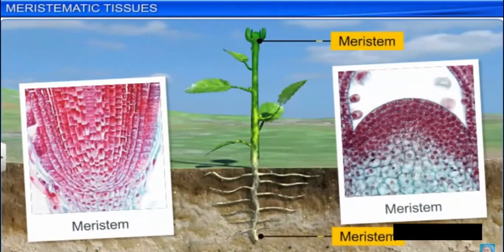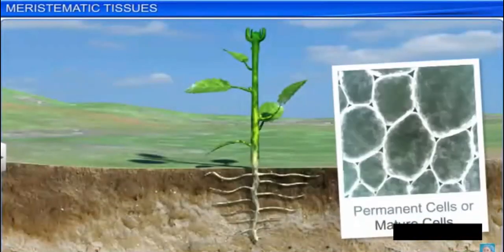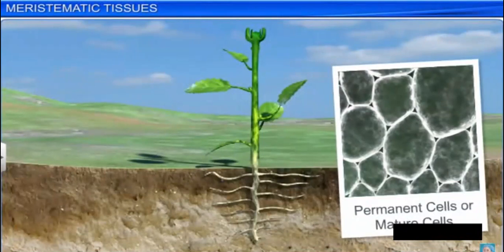Active cell division takes place in this region, leading to the growth of the plant. After meristematic division, the newly formed cells become structurally and functionally specialized and lose the ability to divide. These cells are also known as permanent cells or mature cells.